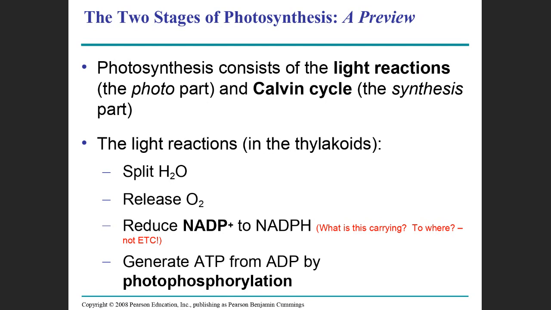Water is split, oxygen gets released right away. NADP plus, so in cell respiration, we had NAD, which was reduced to NADH. Here it's NADP, which is reduced to NADPH, but it's doing the exact same thing, except that we have a phosphorylated version of NAD, which is used in photosynthesis, but otherwise it's the exact same thing.